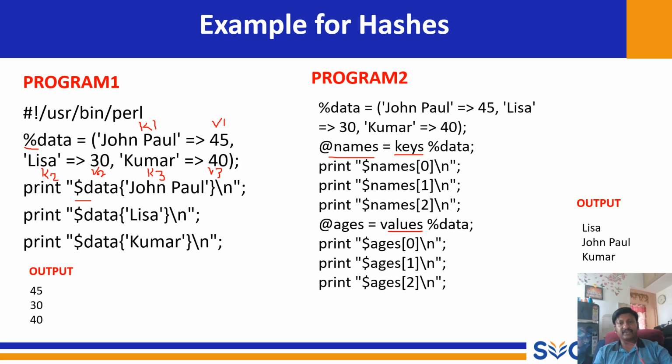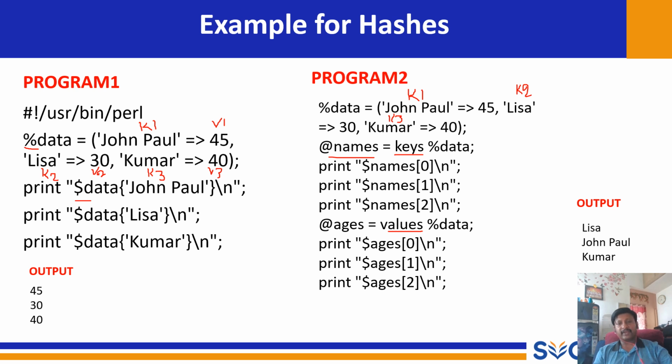So keys fetches only the keys, not the values. According to this program, we have only three keys: John Paul, Lisa, and Kumar. These three keys are taken as a list of scalars and stored in the array @names. If you output $names[0], $names[1] and $names[2], you get these three different names.